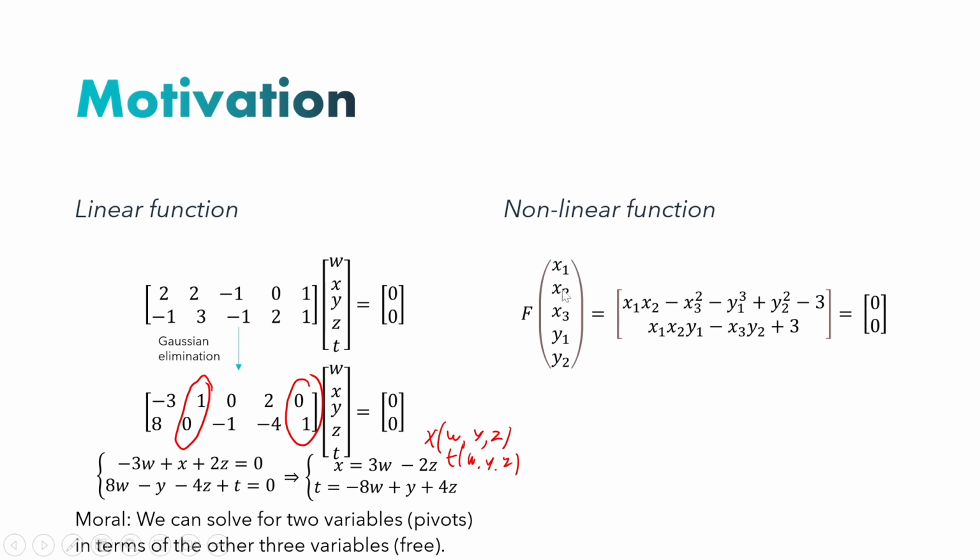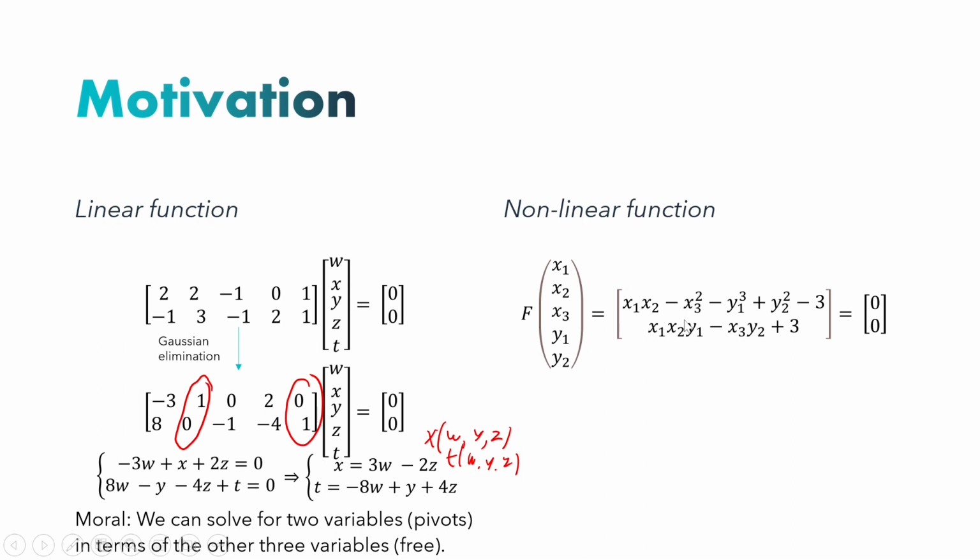So it's 5 inputs and 2 outputs, indicated by 2 equations here, and it's definitely nonlinear. As you can see, there's multiplication of variables, squaring, cubing, all sorts of things. So not a linear function, but all the same, we can still ask, what are the zeros of this function, which we're calling capital F?